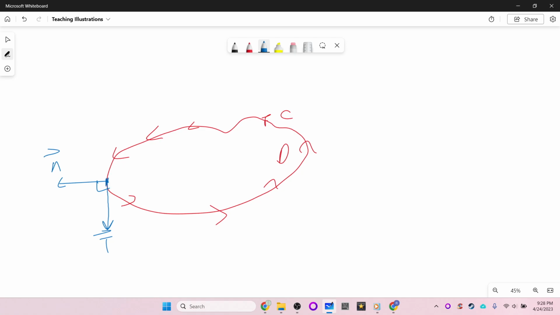So we said that Green's theorem says that if you add up all around the outside, it's the same as adding up all the curls on the inside. So we can use Green's theorem here.